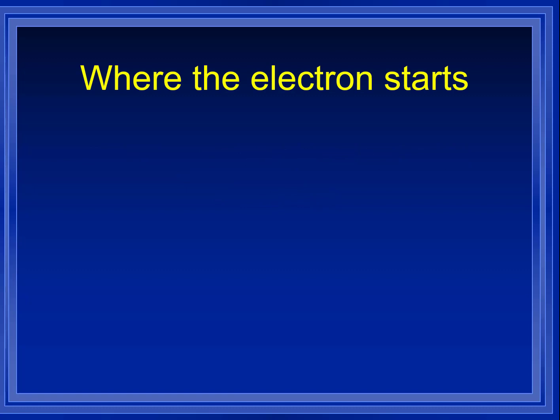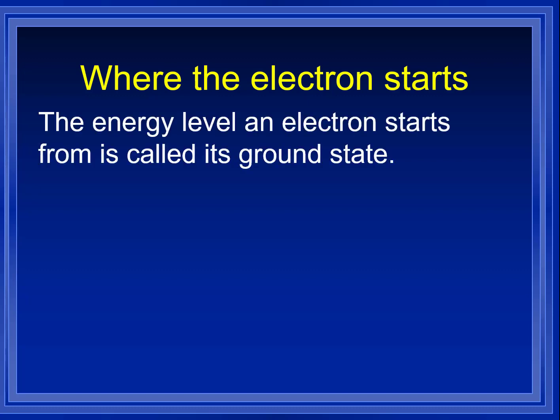So when we say where the electron starts, we're talking about where is it most of the time? Where is it the most stable? It's the most stable when it is as low as it can get in energy. And in our ladder analogy, as low as you can get in energy is being on the ground. So that lowest energy is called the ground state. So the electron starts off in the ground state, as low as it can be, its lowest energy.